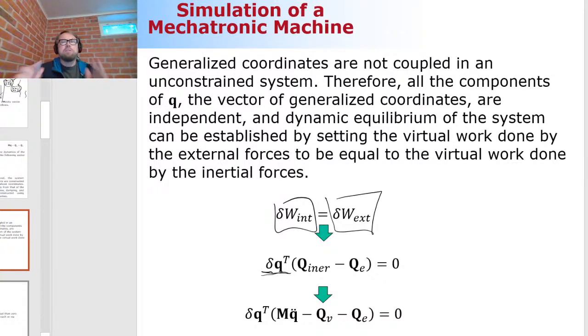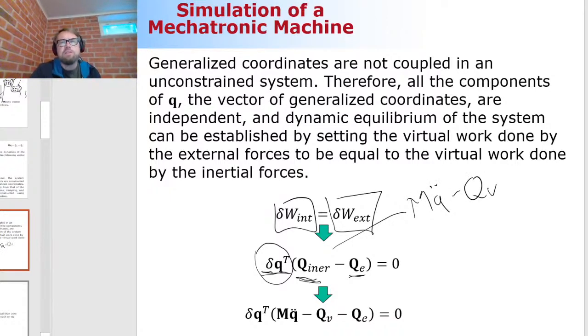So it's no longer a vector r, but vector q with respect to which I'm expressing my forces. I have here my inertia forces and my externally applied forces. Remember, the inertia forces can be written as mass multiplied by acceleration minus quadratic velocity vector, which in most cases is equal to 0, but let's keep that term involved for a little while. Now we're able to write the equation of motion like this.